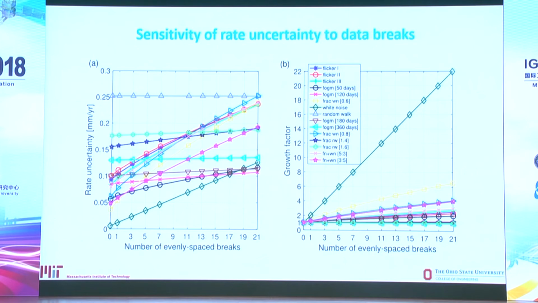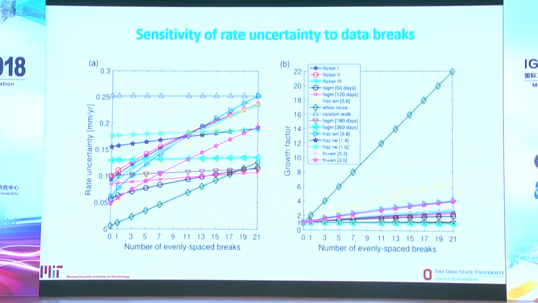So from this figure, we can see that all these temporally correlated noises always produce greater rate uncertainty than the white noise does if there is no break at all. But when a data break starts to be added into the time series, we can see whatever the noise model is, the uncertainty in the rate will increase with the addition of the data break.